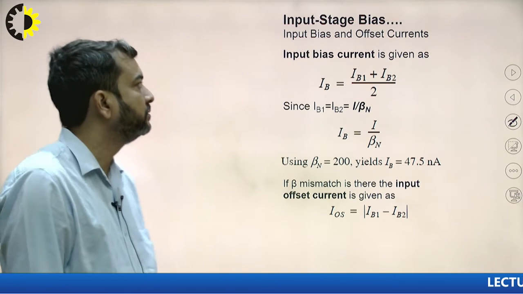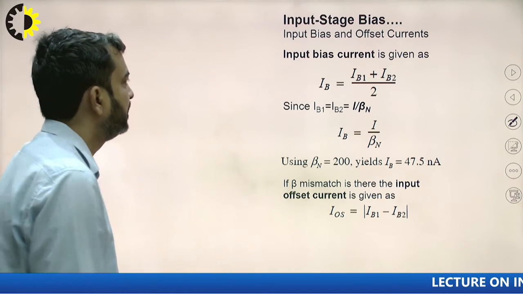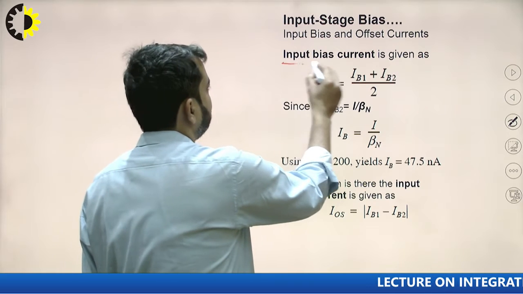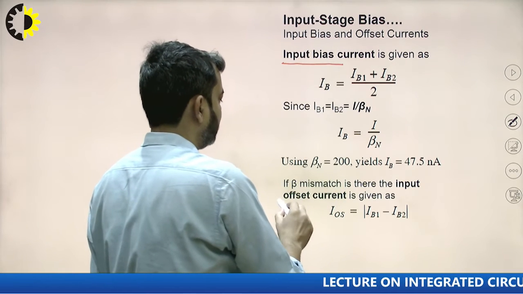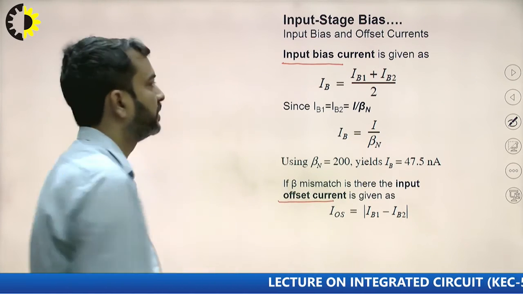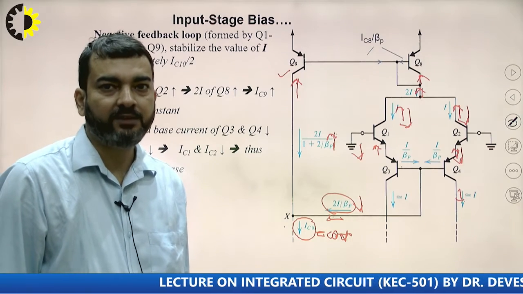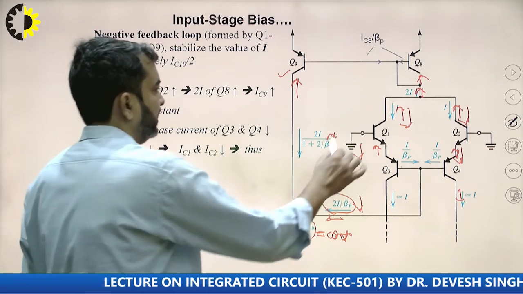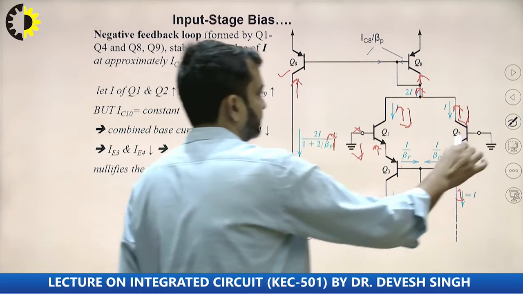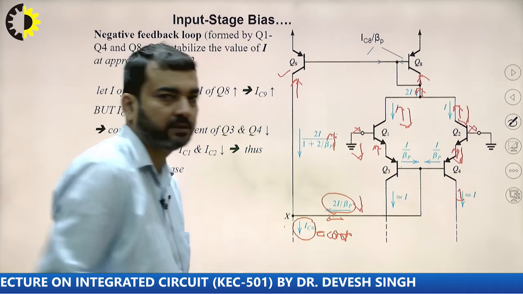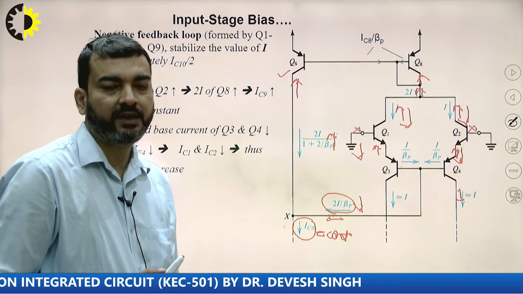Now coming to a few definitions: input bias current and offset current. Here we have assumed the high beta case, so there is no base current for input transistors Q1 and Q2.